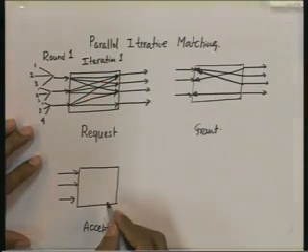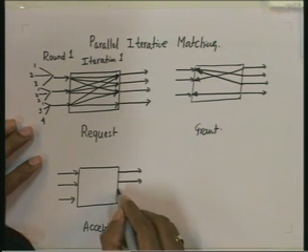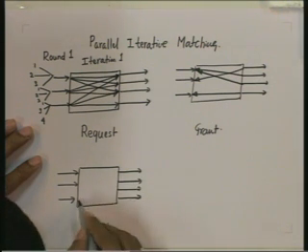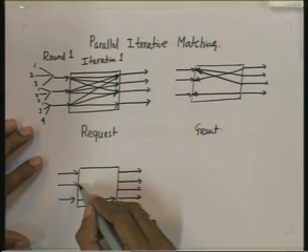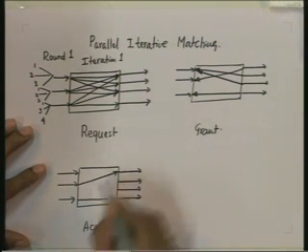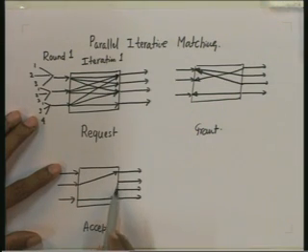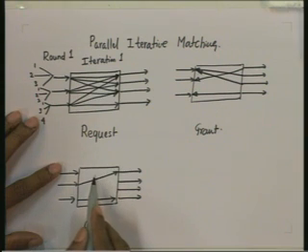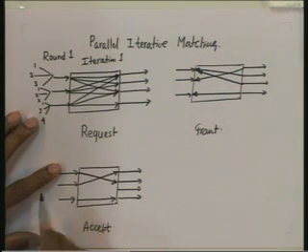In the accept phase, this will of course accept because it has only one grant, and this will also accept. Now input port 1 has received grants from two output ports, output port 2 and 3. So it has to accept only one. Let us say it accepts output port 2. So it gives it an accept.